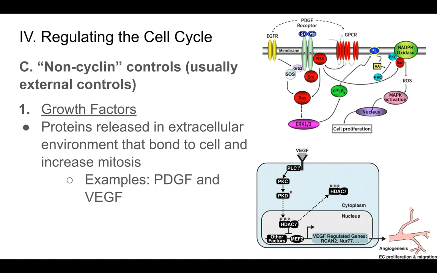PDGF stands for platelet-derived growth factor. When you get injured and the clotting response kicks into gear, you were introduced to platelets. Platelets help to form a clot. PDGF is a growth factor associated with platelet cells.